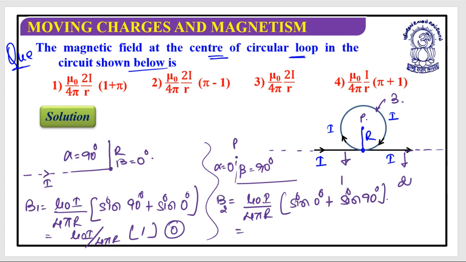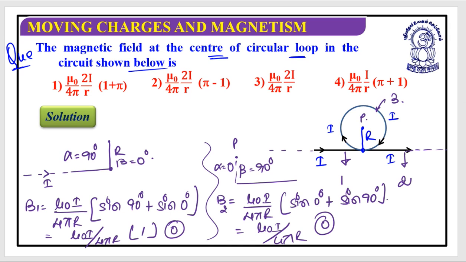Sine 0 would be 0, sine 90 would be 1. It's mu naught I by 4 pi R. Even for this situation, it is outside the plane. So this is the magnetic field due to B1 and B2.